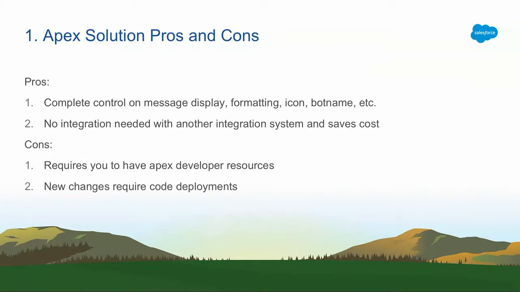Some of the cons are that you need technical resources, someone who does Apex coding and can make these callouts. And if you have to make any net new changes, that means code deployment, so any further changes reduce the time to deliver. Those are some of the cons.